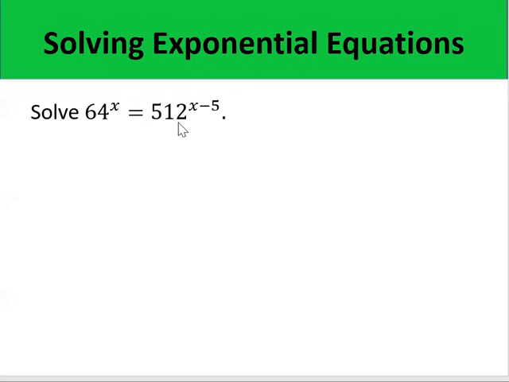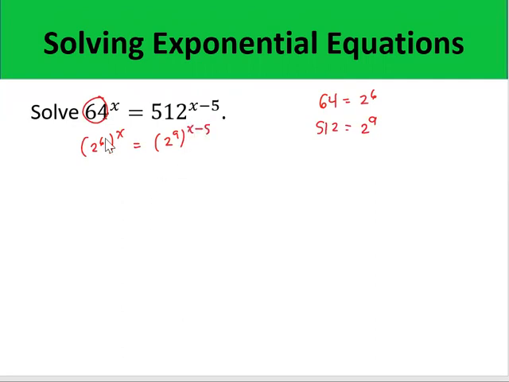Now, we can think of a common base for 64 and 512. 64 is equal to 2 raised to 6, while 512 is equal to 2 raised to 9. So 64 can now be written as 2 raised to 6, and this is raised to x, while 512 can be written as 2 raised to 9, and this is raised to the exponent x minus 5.